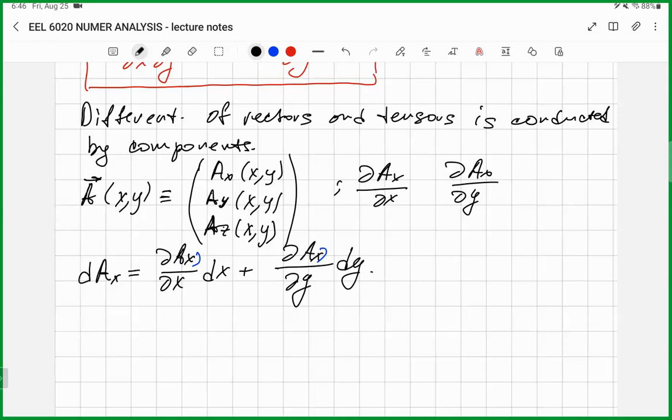If this component of the vector were a function of z, it would get another term plus dAx over dz dz.